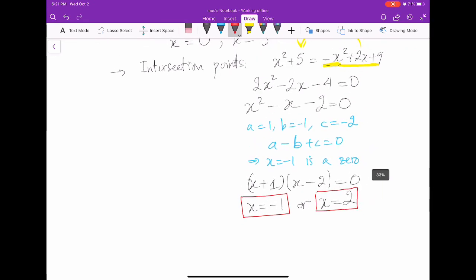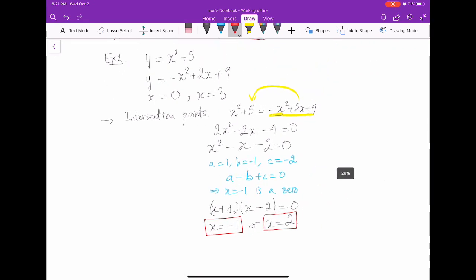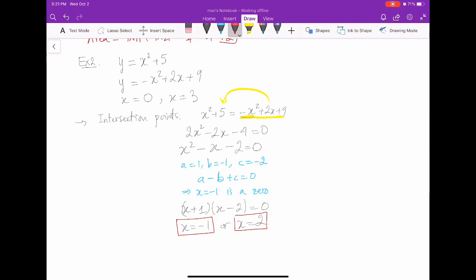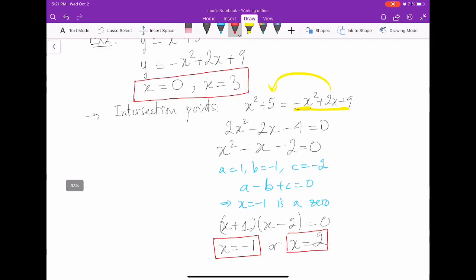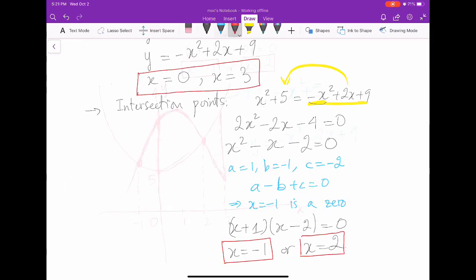All right, now let's go back to the assumption of this problem, right? They ask us to find the region, but they give us x equal to 0 and x equal to 3. So I have to be very careful with this problem because otherwise we can get it wrong, right?